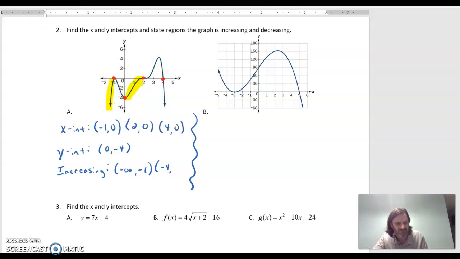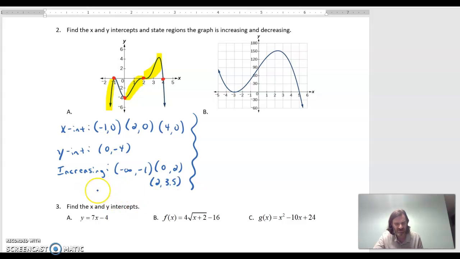Excuse me, that's not -4 to 2, that's 0 to 2. And it looks like it continues to go up after 2, so from 2 to about, I'd say 3.5. That's an estimate. So 2 to 3.5.